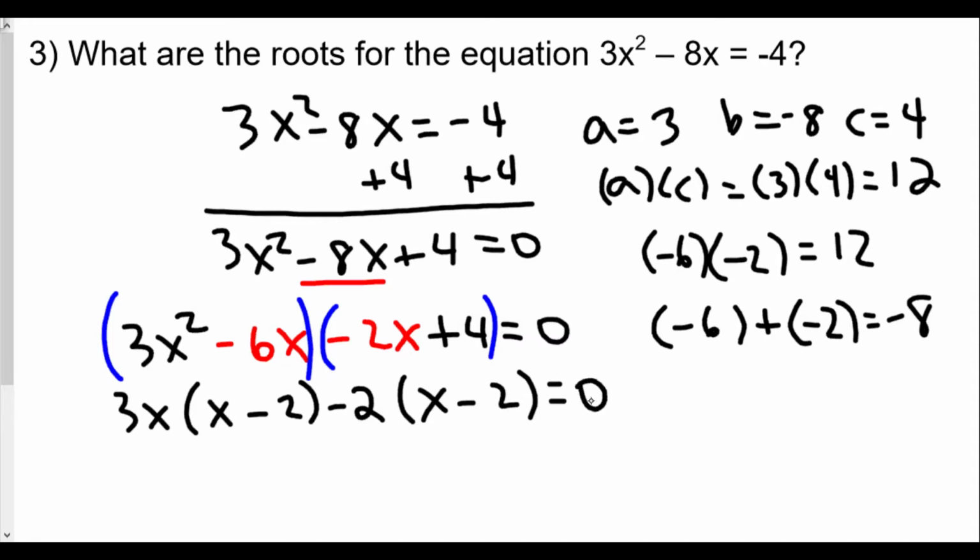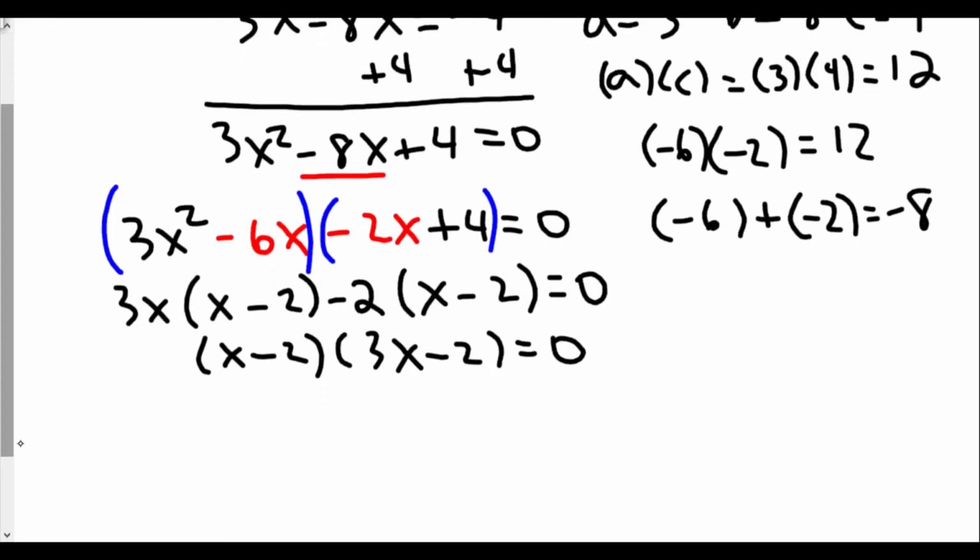Now we do the greatest common factor one more time, and we see in this case we have x minus 2 as our greatest common factor, leaving us with 3x minus 2 equal to 0. So this is the factored form of 3x squared minus 8x plus 4. Now we're going to set each of these factors equal to 0. That's one of the things we can do when you set the whole equation equal to 0.